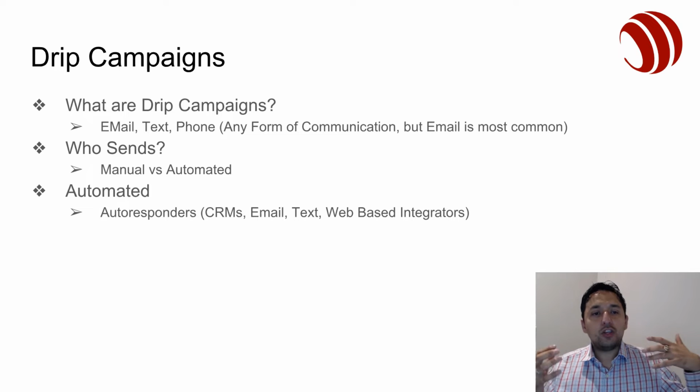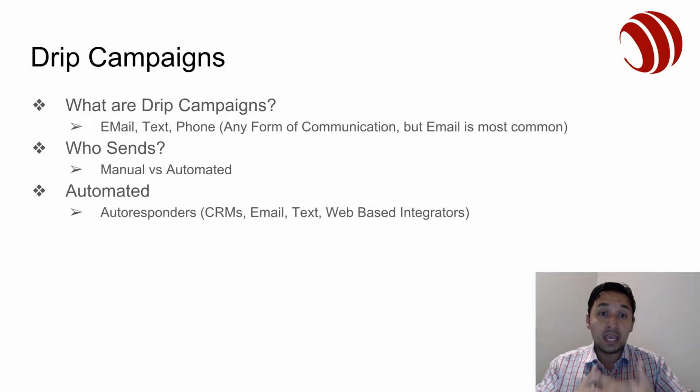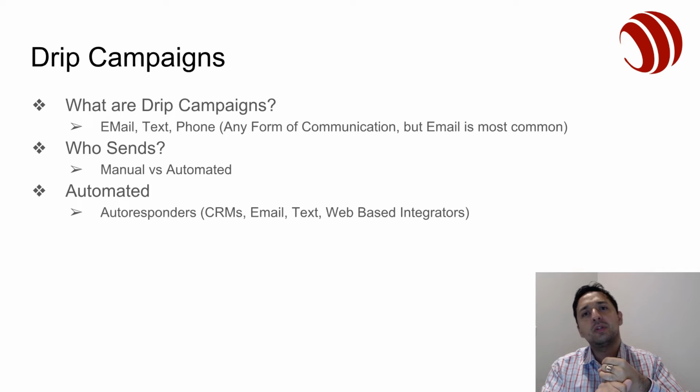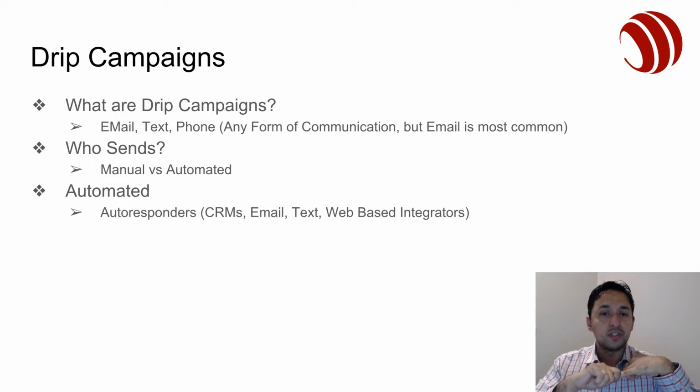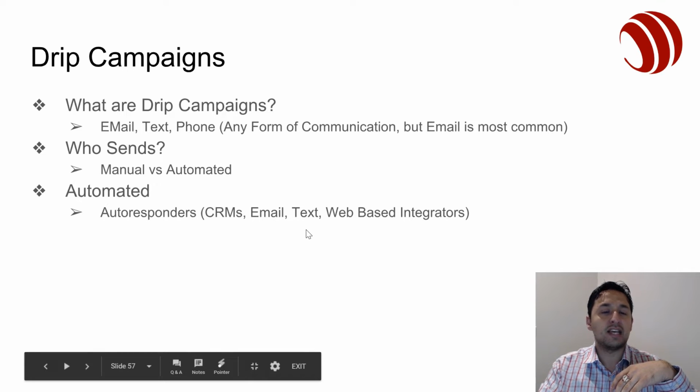And how you make a drip campaign automated, you're looking at CRMs, you're looking at emails, you're looking at text, you're looking at web-based integrators. So CRMs, customer relationship managers, those commonly have an email functionality or a text functionality to it, or you have email autoresponders that's all they do.